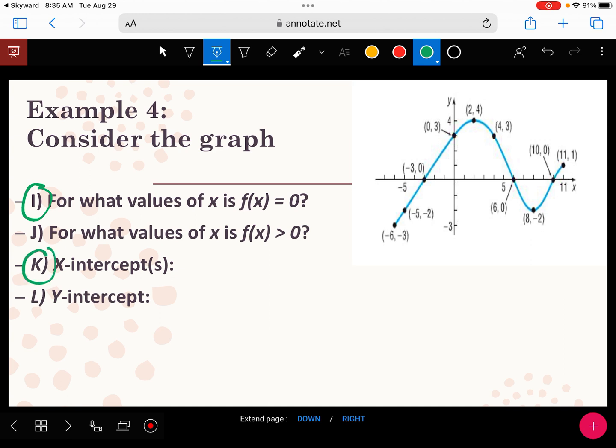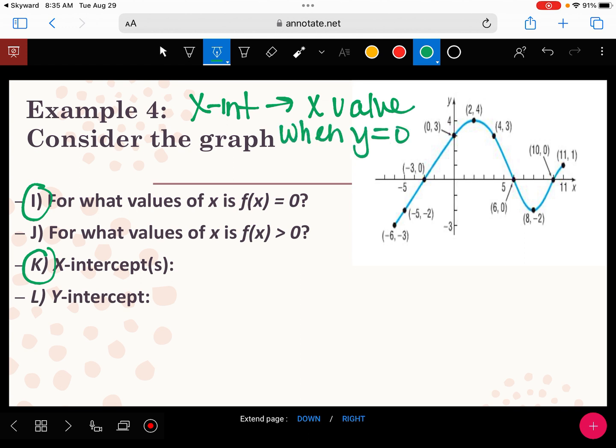Okay, so part I is saying, for what values of X is Y 0? That's the definition of an x-intercept. An x-intercept is the X value when Y equals 0. So that's why I and K are asking the same question, just in a different way.